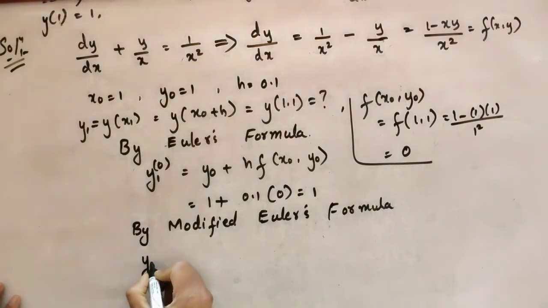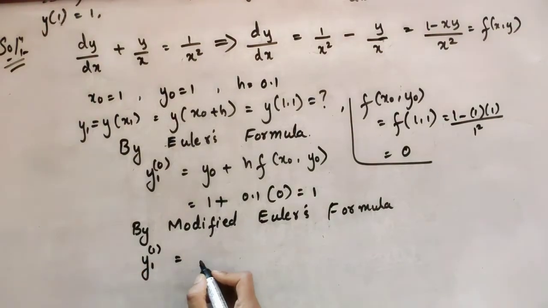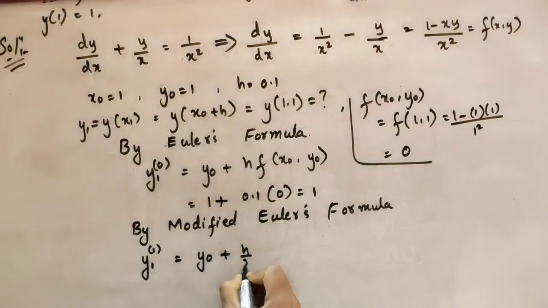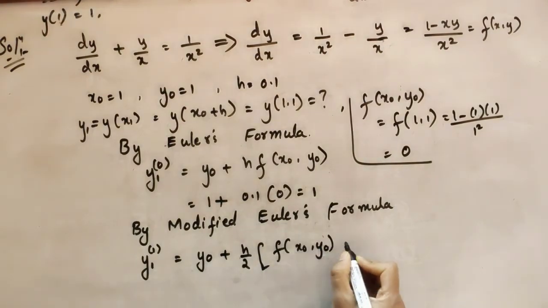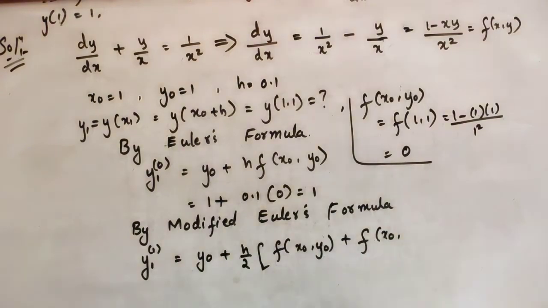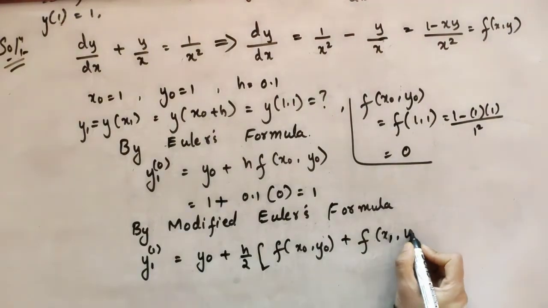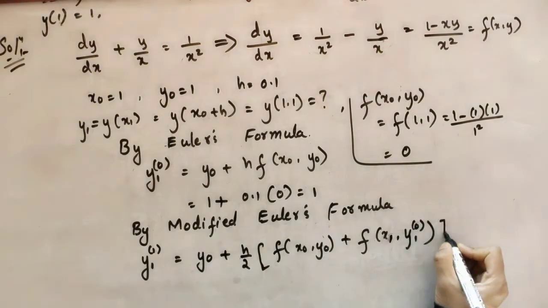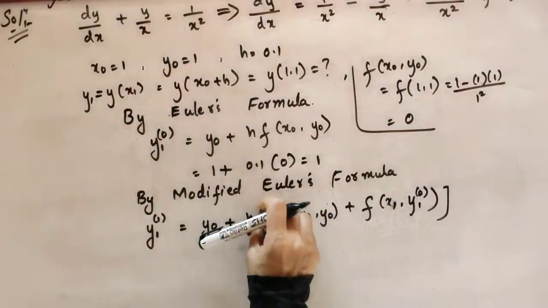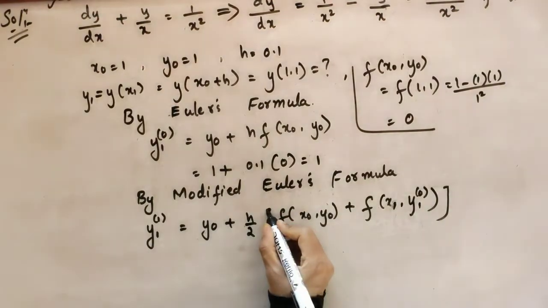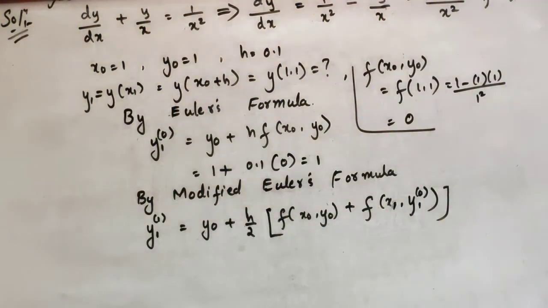So y1 first approximation is defined to be y0 plus h over 2 times f of x0, y0 plus f of x1, y1 initial approximation. This we have learned already in the previous session, so you can write it from there itself. I am directly taking those formulas here.